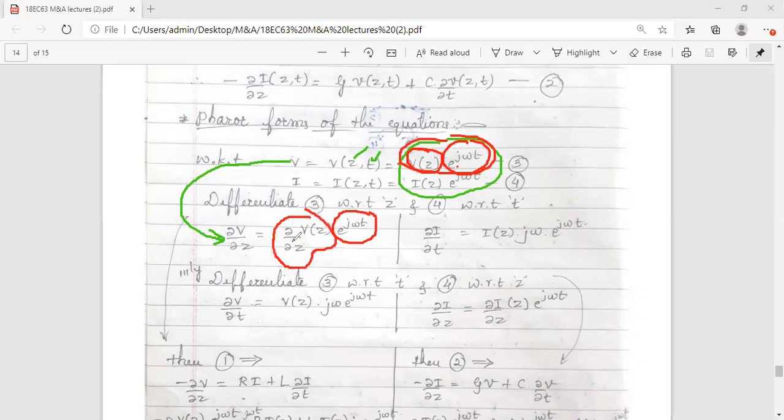And next time, same equation, I will differentiate with respect to t, because when I applied KVL and KCL, I got dV by dz and dV by dt. So I can utilize these in the substitution in equations 1 and 2.